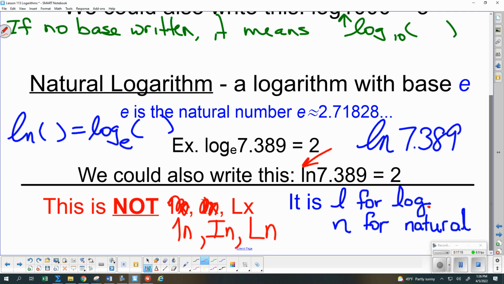The way that I write them so that I can tell what I'm doing is a cursive L and then an N. Sometimes I write them both cursive, sometimes I do it like that. But I make sure the first one's cursive so I don't confuse myself when I walk away from a problem and come back. I don't want to think it is a 1N like I'm used to, just a variable, because it is not.